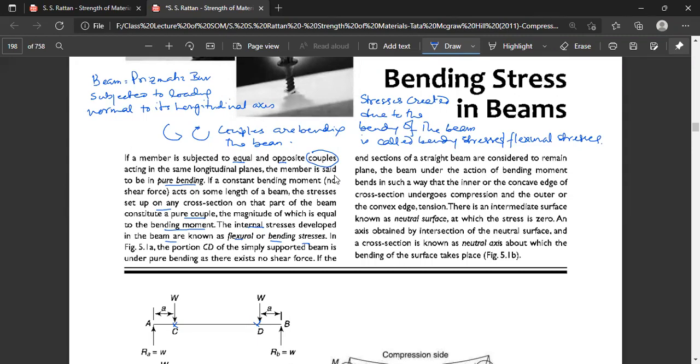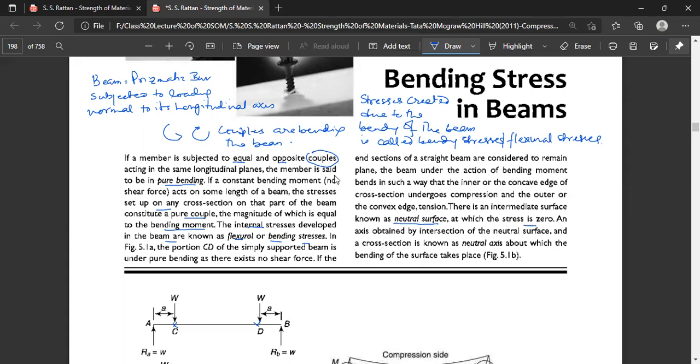There is an intermediate surface known as the neutral surface, where there is no tension and no compression. This is the neutral surface, in which the stress is zero, meaning there is no tension or compression.